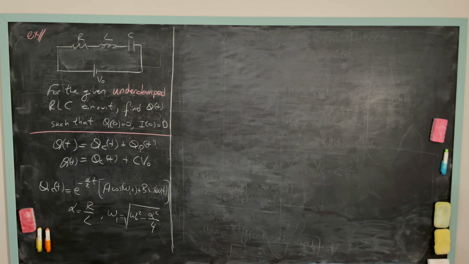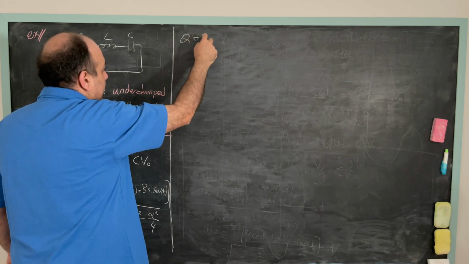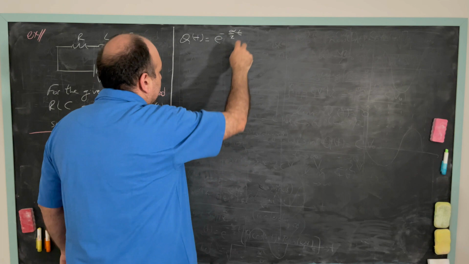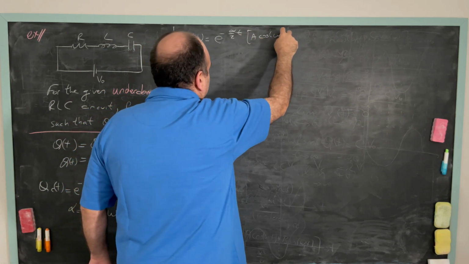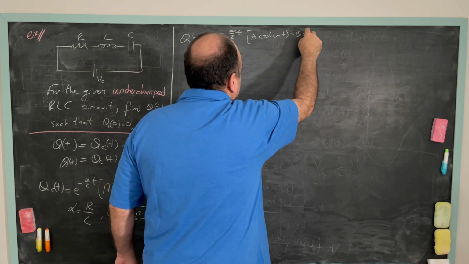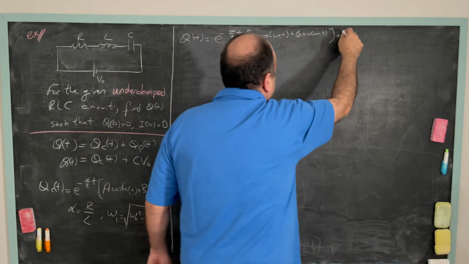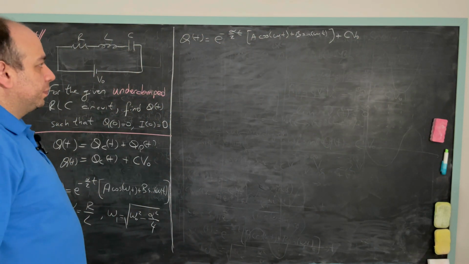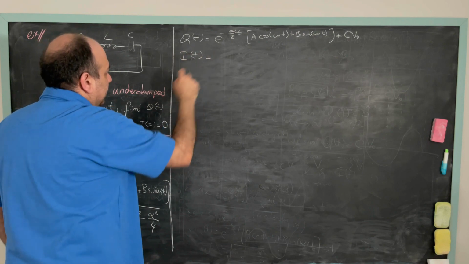Okay, this is good. So now starting from here, what we can write is Q of t is equal to e to the minus alpha over 2t times A cosine omega 1t plus B sine omega 1t, plus C times V naught. And this is our particular solution. Using this, we can find the current as a function of time.